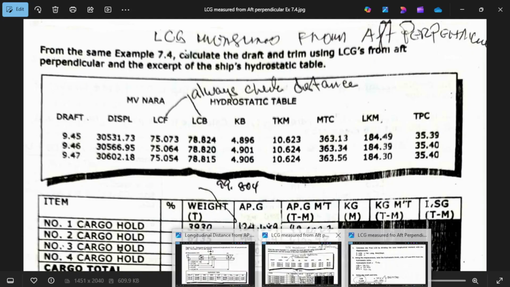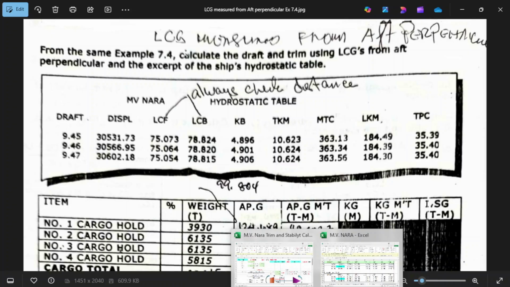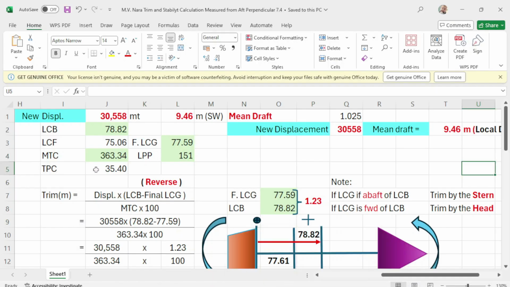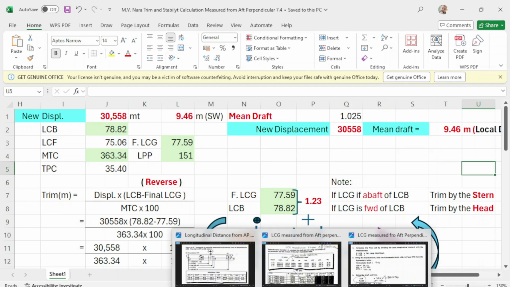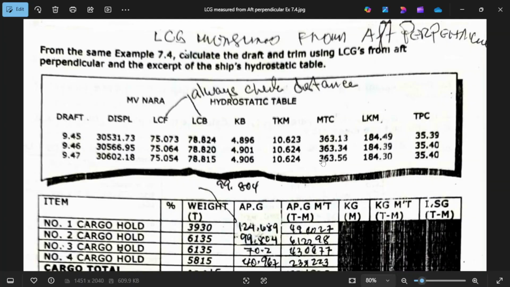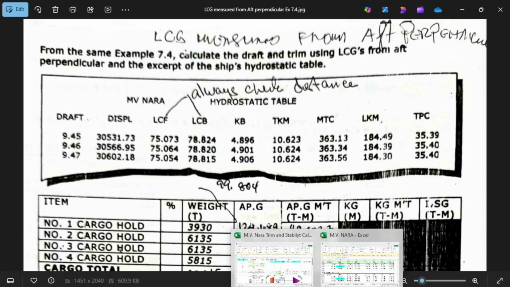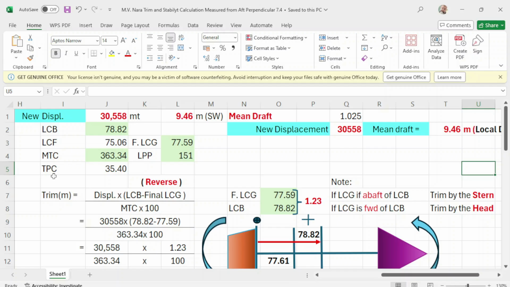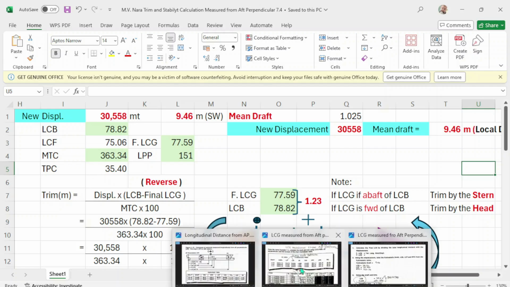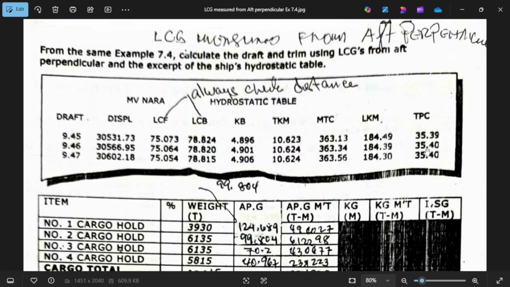Then next, MTC is 363.34. MTC is 363.34. Okay, same. And TPC is 35.40. TPC is 35.40. Okay, that's now confirmed.